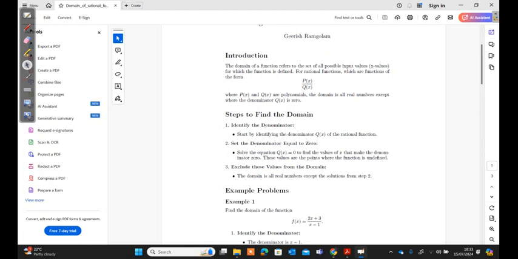The first step is finding the denominator, so that's just looking at what's in the denominator, here Q(x). Then equating the denominator to 0. By doing this, you're able to find a value of x, and this value of x, which you find in step 2, is the value which makes the denominator become 0. The domain by default is all the values of x a function can take.